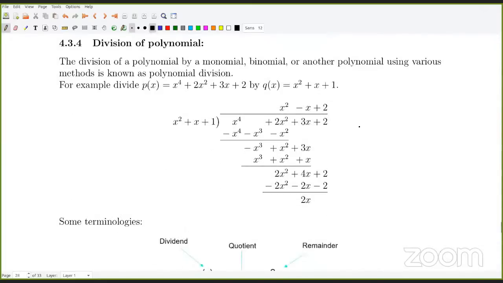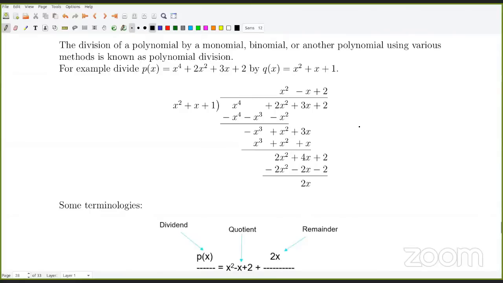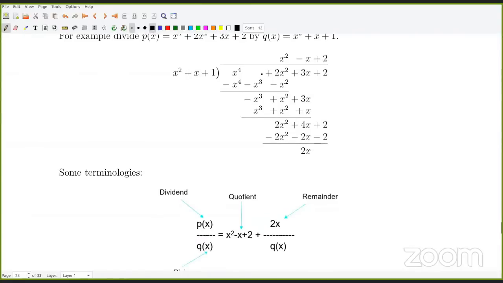And division is one important thing. You should know how to divide one polynomial by another polynomial. I hope even this division is clear to you. If you are missing any term, you just make it 0. You just have to keep a gap there.